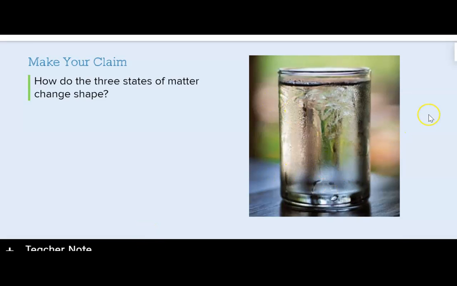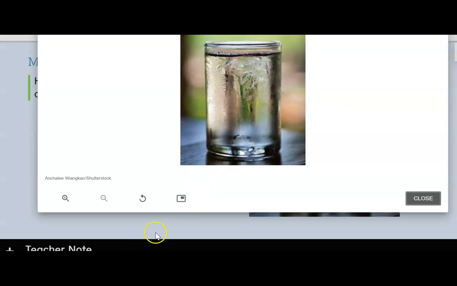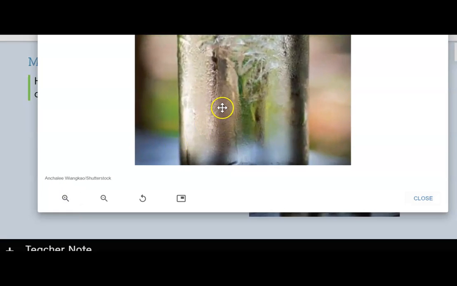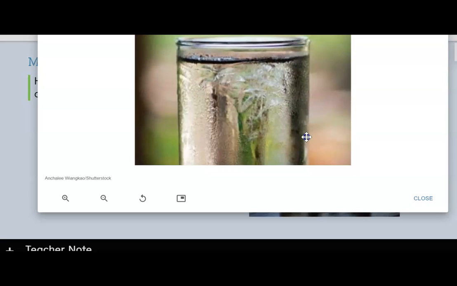So if we look here, we have a glass of water, right? If we look closely, let's click on it, and I'm going to zoom it a bit, all right? If you look closely, you will find that there is ice inside this glass. So it's water and ice, so it's liquid and solid at the same time.